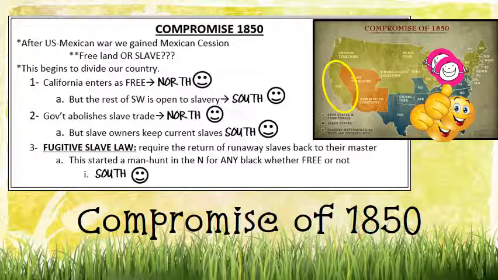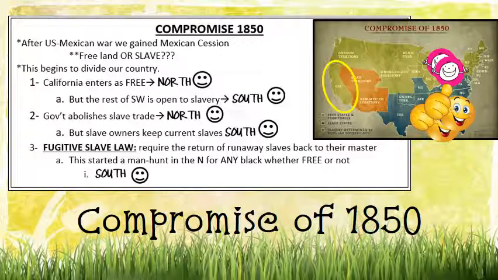And the final part of the Compromise of 1850 is the Fugitive Slave Law. The Fugitive Slave Law requires the return of runaway slaves back to their master.